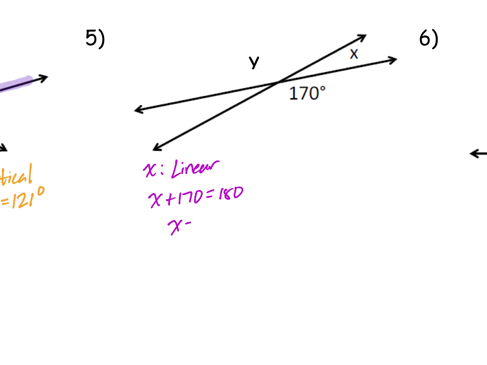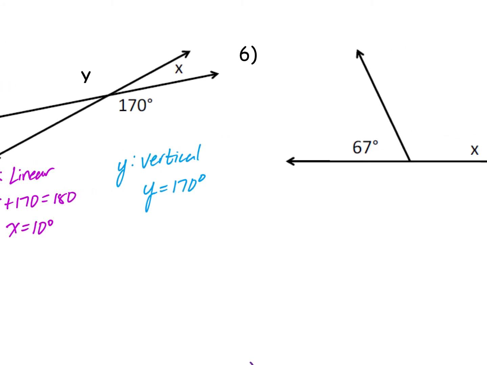So what is x going to equal? 10 degrees. Beautiful. And what is y? What type is y to 170? Vertical. Good. So y is going to equal 170 degrees. Good, you guys. And then we're back to number 6, and then you guys are going to do some on your own.